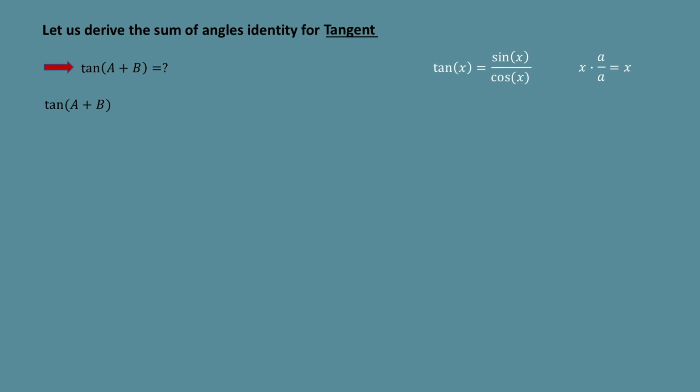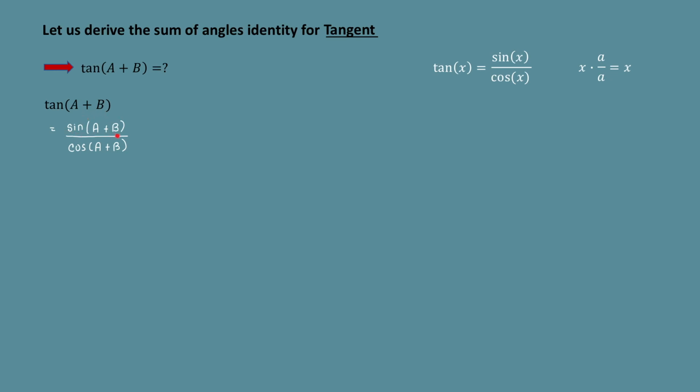So I'm going to rewrite tangent of A plus B as sine of A plus B divided by the cosine of A plus B. This is pretty much applying this identity to this expression here on the left.